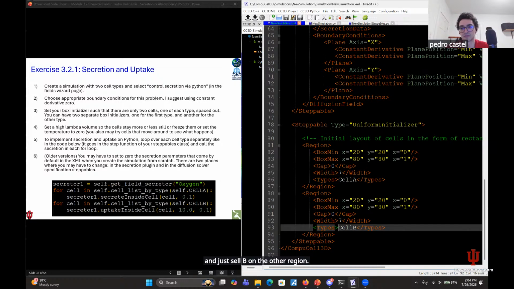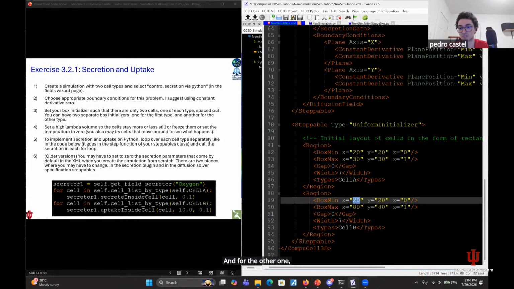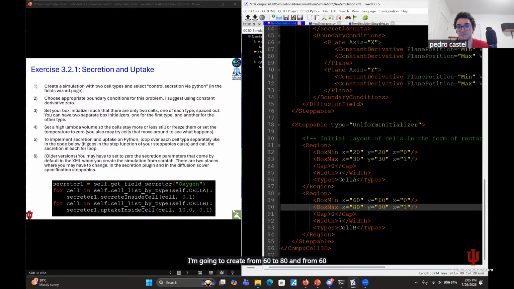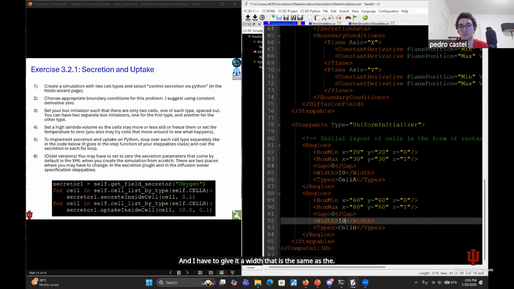For cell A on the left, I will be creating from 20 to 30 and from 20 to 30. And for the other one, from 60 to 80 and from 60 to 80, so they are far away from each other. And I have to give it a width that is the same as the box size. And I should have just one cell.